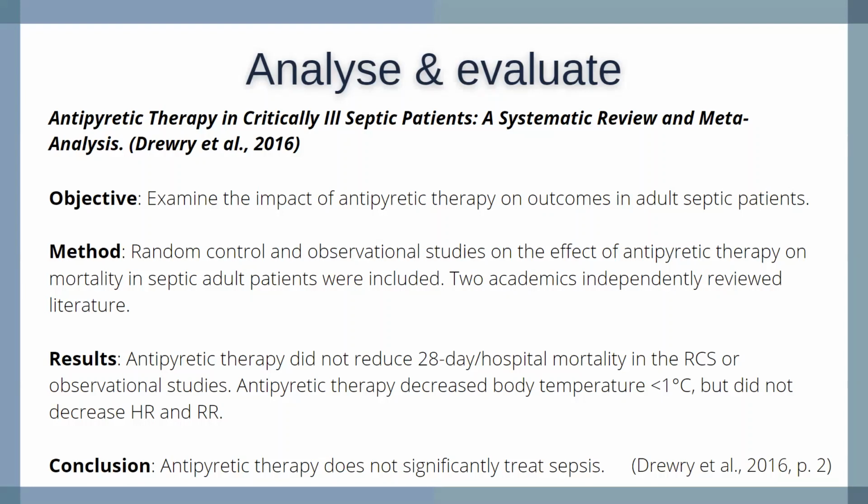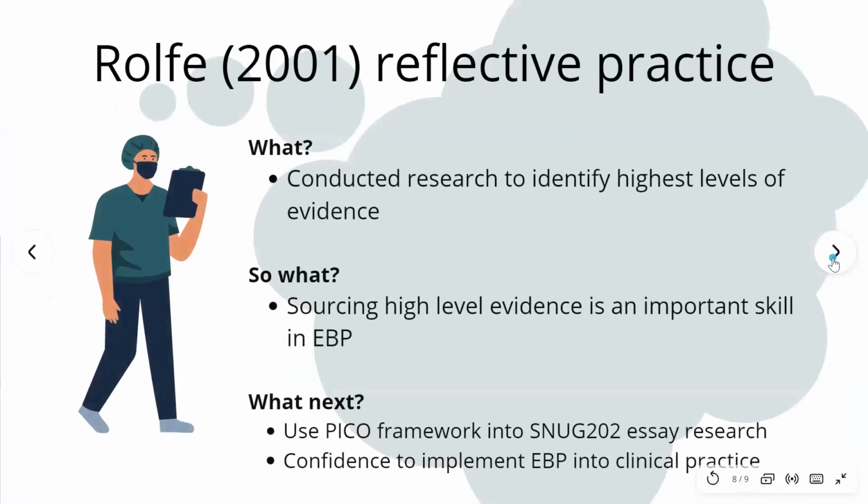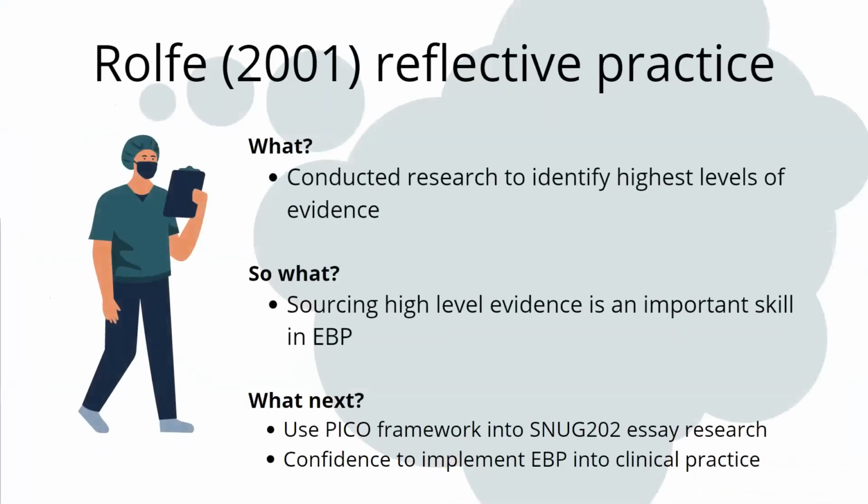And they concluded from their systematic review that antipyretic therapy does not significantly treat sepsis. So there's the answer to our question. Paracetamol is not an effective treatment for sepsis. So as per evidence-based practice, that's information that I could then go and implement in a clinical setting.